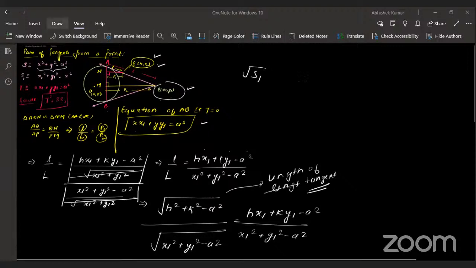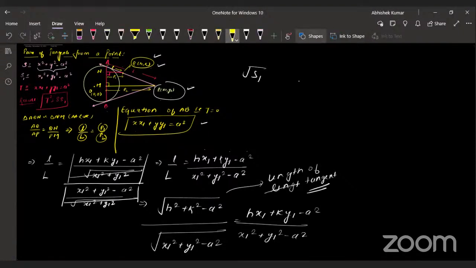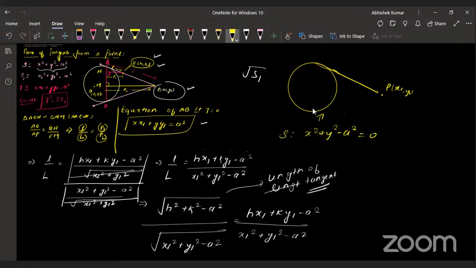Anvesha, okay. You have this circle here, and there is a point P, x1, y1. A tangent is drawn from here. The equation of the circle is x square plus y square minus a square, which we denote by s.